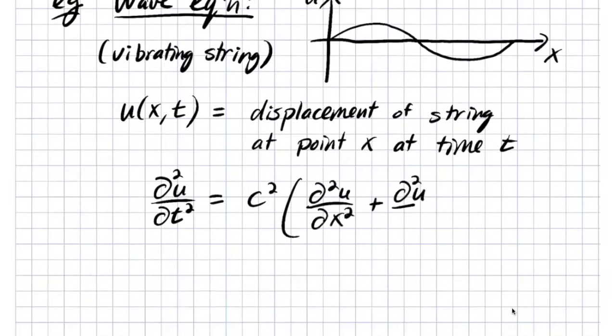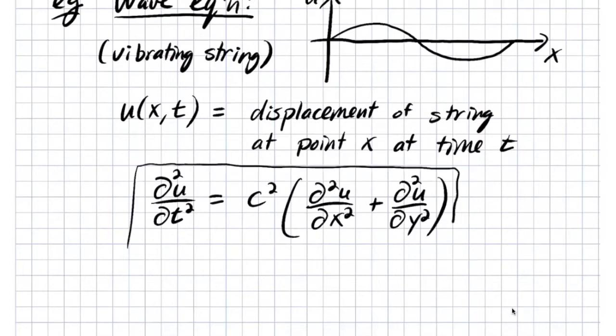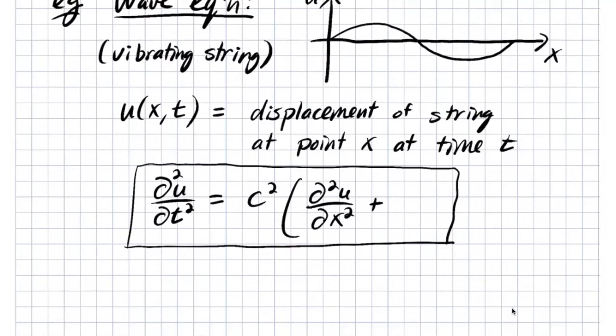That is what governs the acceleration of this string. It has to do with some sort of measure of concavity of this string. Oh wait, sorry, this only has one variable. Actually, this equation is much nicer.